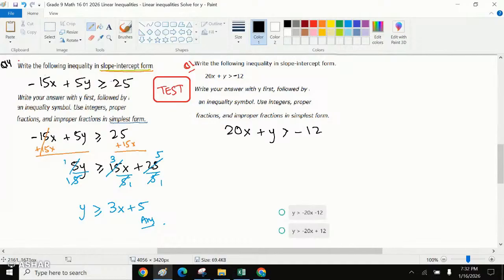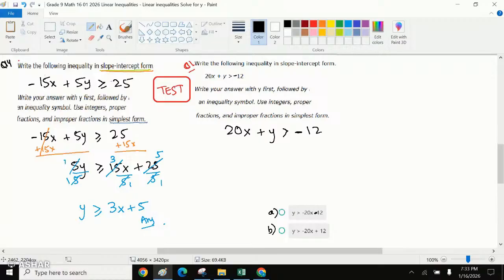How? Can anyone tell me? Even before solving it, we can just tell whether option A or option B, whichever option would be correct. See, yes, this is negative 12, right? So it should stay negative 12 because it's already on the right hand side.